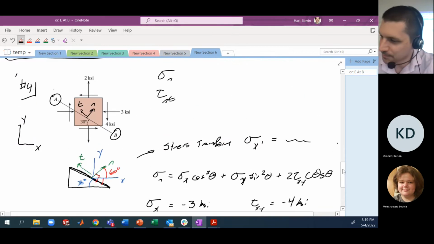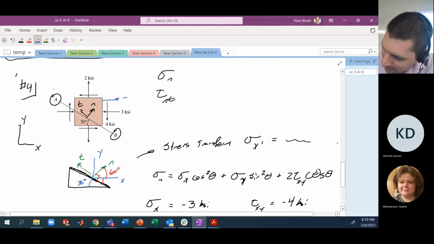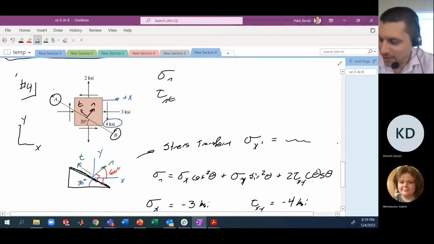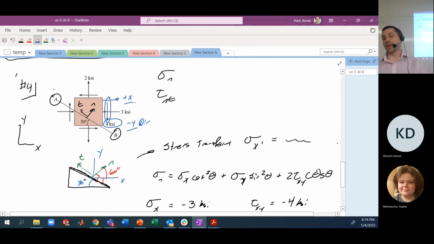All right, let's go take a look. So again, here, this face is the outward facing positive x direction. Generally, this shear coming across that face is in the negative y direction. This arrow is generally pointing in negative y. So together, the negative y and the positive x gives me a negative tau xy.